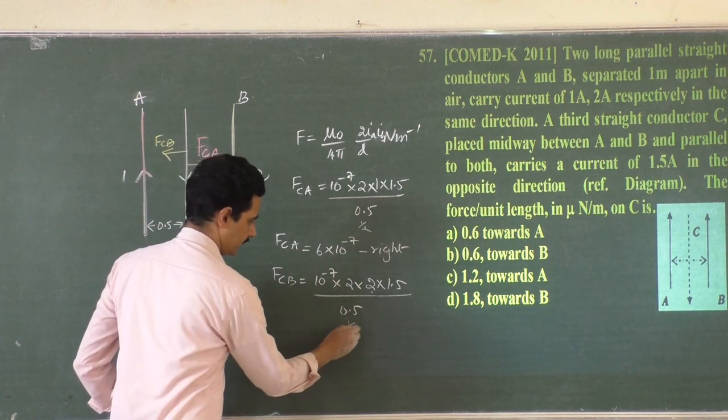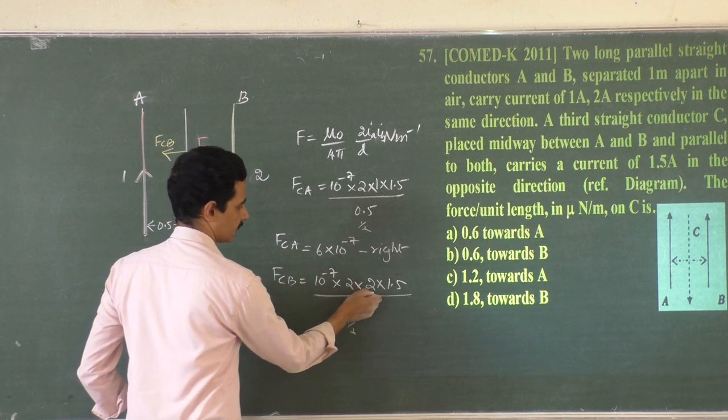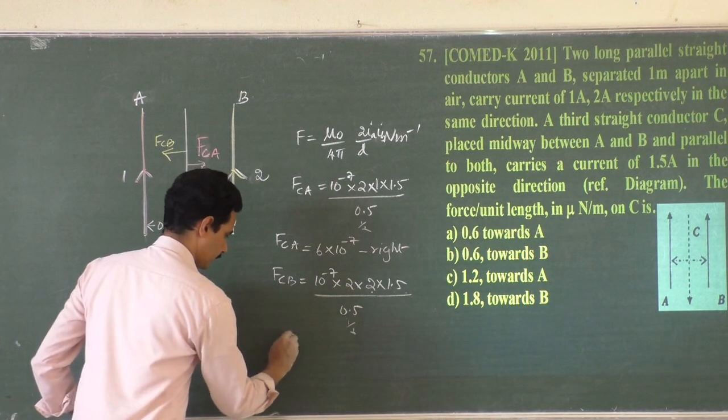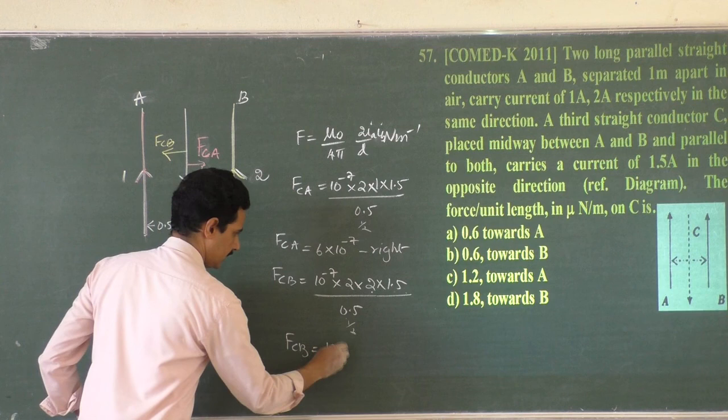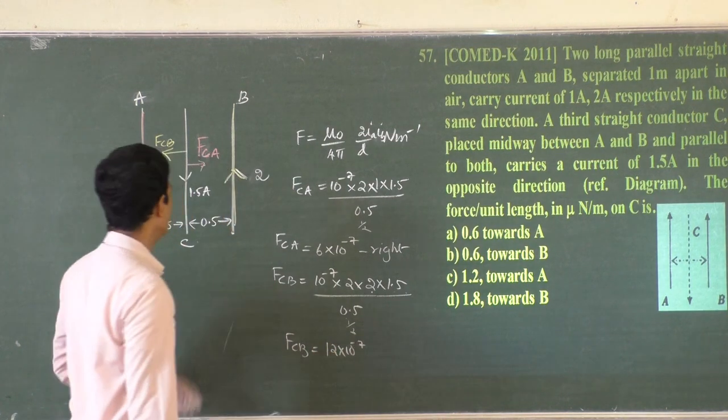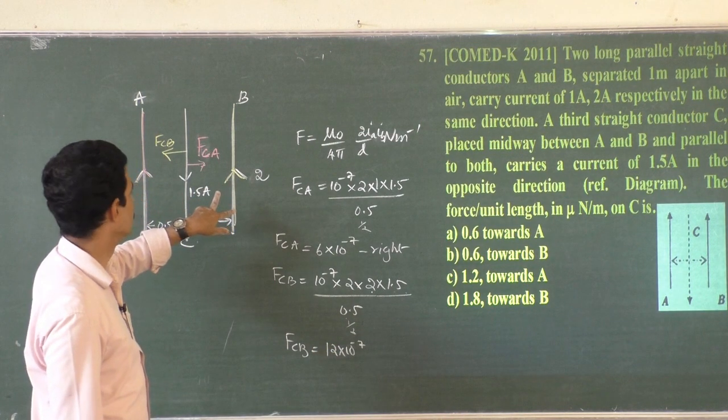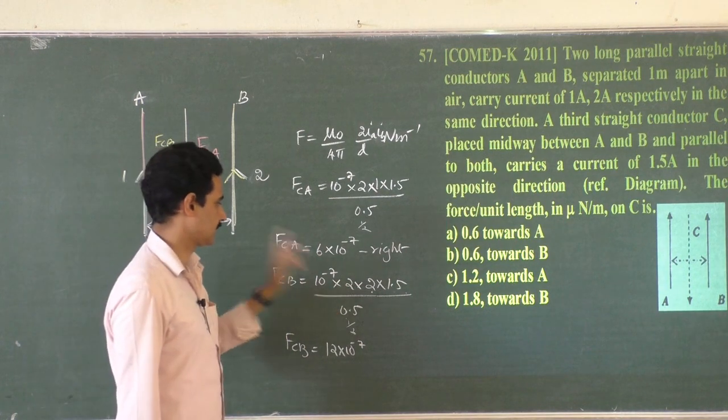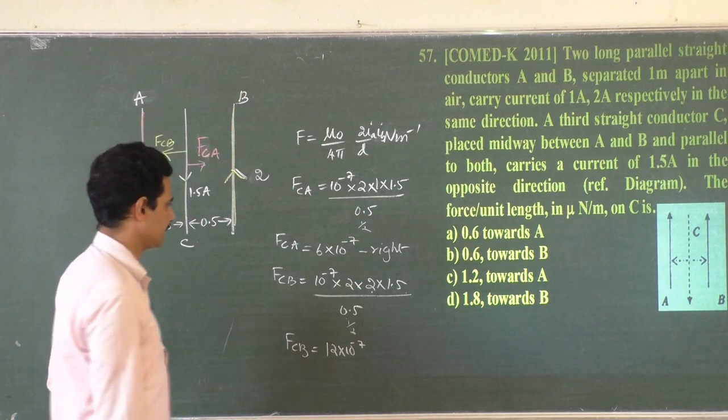Right? So force on C due to B is 12 into 10 to the power minus 7. Am I right? 1.5 into 2 is 3, 6, 12, 10 to the minus 7.